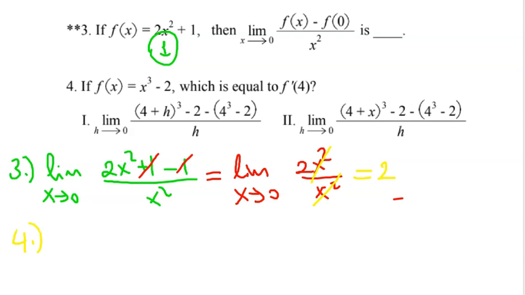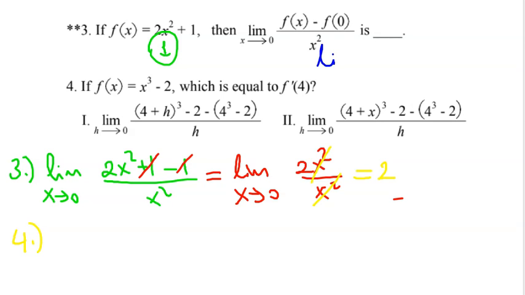How about question 4? In question 4 it says if f of x equals x cubed minus 2, find f prime of 4, which means it's asking us to find the derivative of this f of x function and evaluate it at x equals 4.